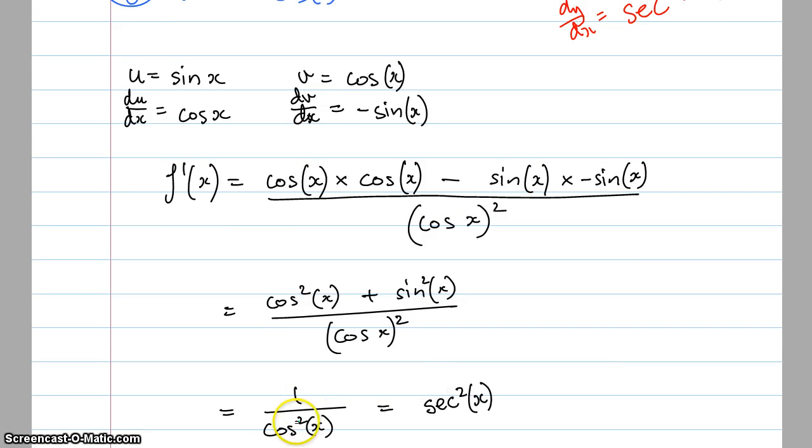So I get 1 over cos squared x, which also equals sec squared x. So the derivative of tan x is true. We already knew this, but now you know why the rule works: the derivative of tan x is actually 1 over cos squared x, or sec squared x.